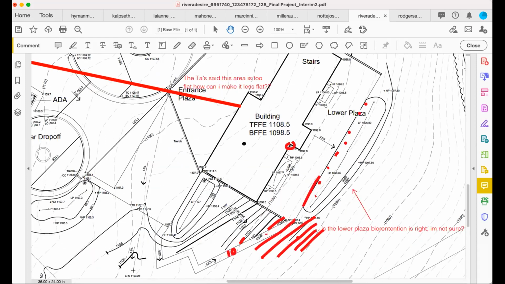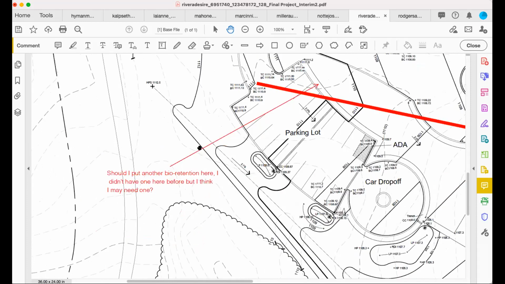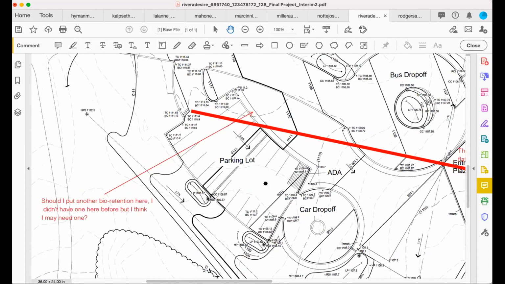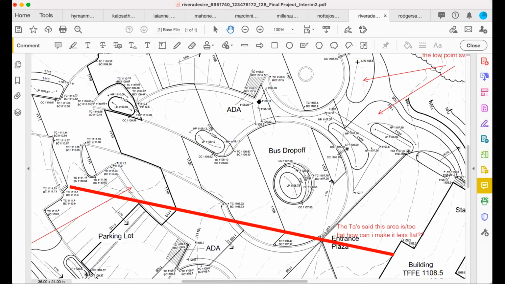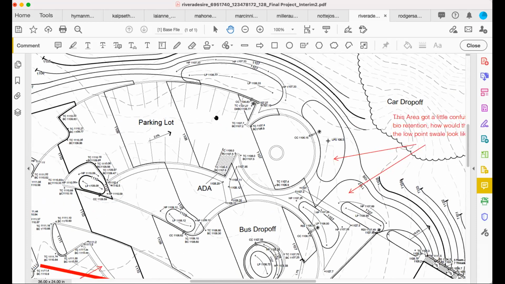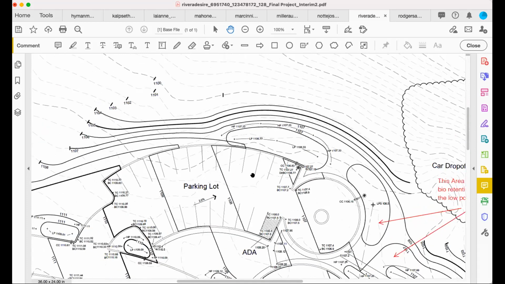Okay. Should I put another retention here? Well, you're on the ridge there, so I don't think it's necessary to put a retention there. Yeah, you won't receive water anyway, unless you dig it out and make it really low, which is not desirable either.